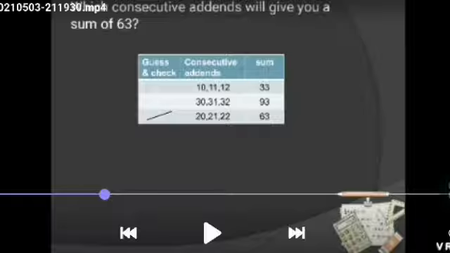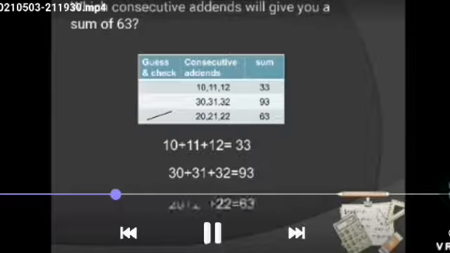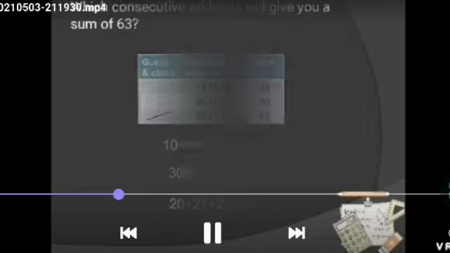But the sum of 10, 11, and 12 is 33, while the sum of 30, 31, and 32 is 93. So the only candidate that is correct, that has consecutive addends with a sum of 63, are 20, 21, 22.